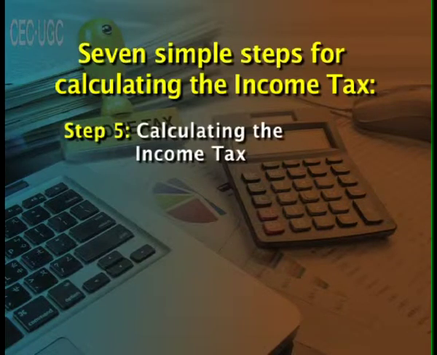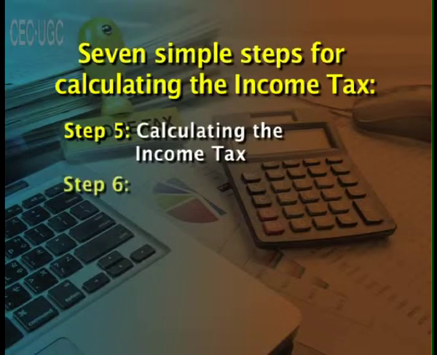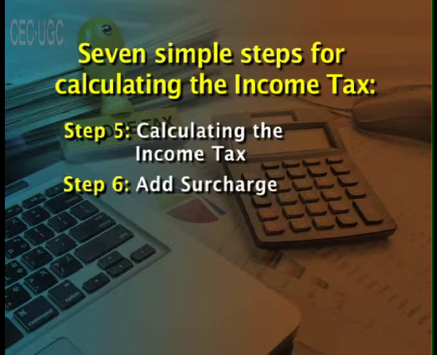Now that you have calculated your taxable income, you may refer to the income tax slab. There is always a slab for that particular financial year for calculating the income tax. Step 6, add surcharge. Add a surcharge of 10% to the income tax that you have calculated in the preceding steps.